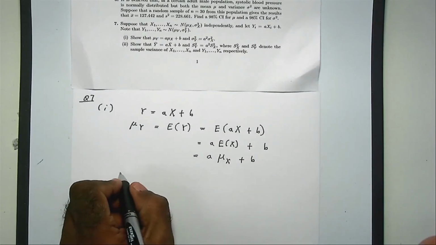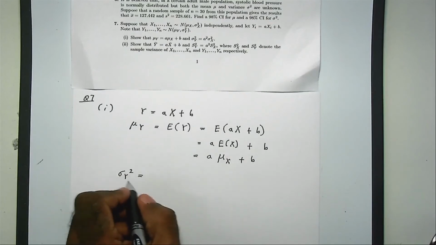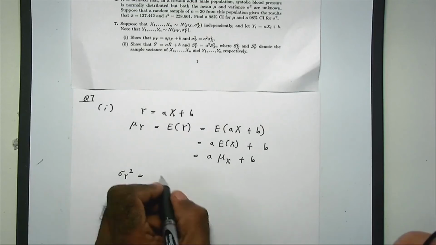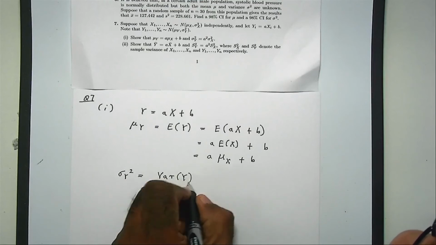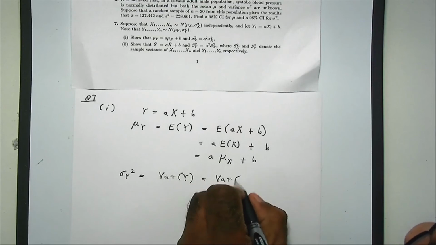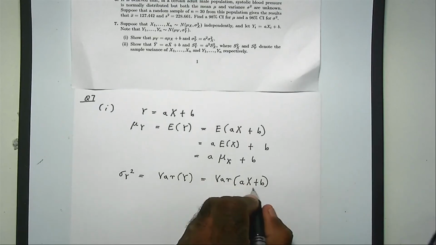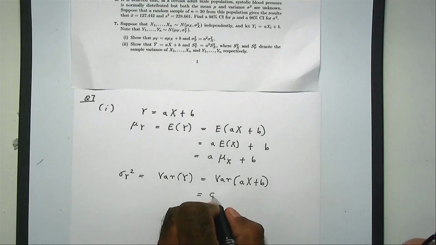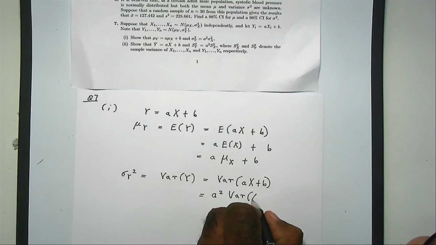Alright, now to show the variance. This is the variance of the normal distribution, the variance of the random variable. So it's the variance of y. This is the variance of ax plus b. Now the variance of this, I'm sure you know, is a squared times the variance of x.